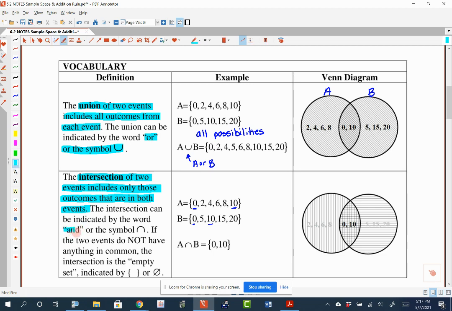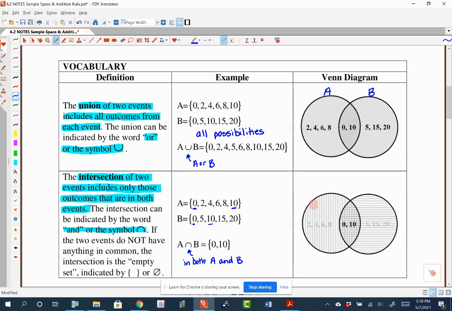So this is referred to as an AND, or we have this intersection symbol, kind of like an upside down U. So we would say in this case, the intersection of A and B. So this is just saying that it needs to be in both. So it needs to be in both A and B. So we can see that from our sets of numbers.